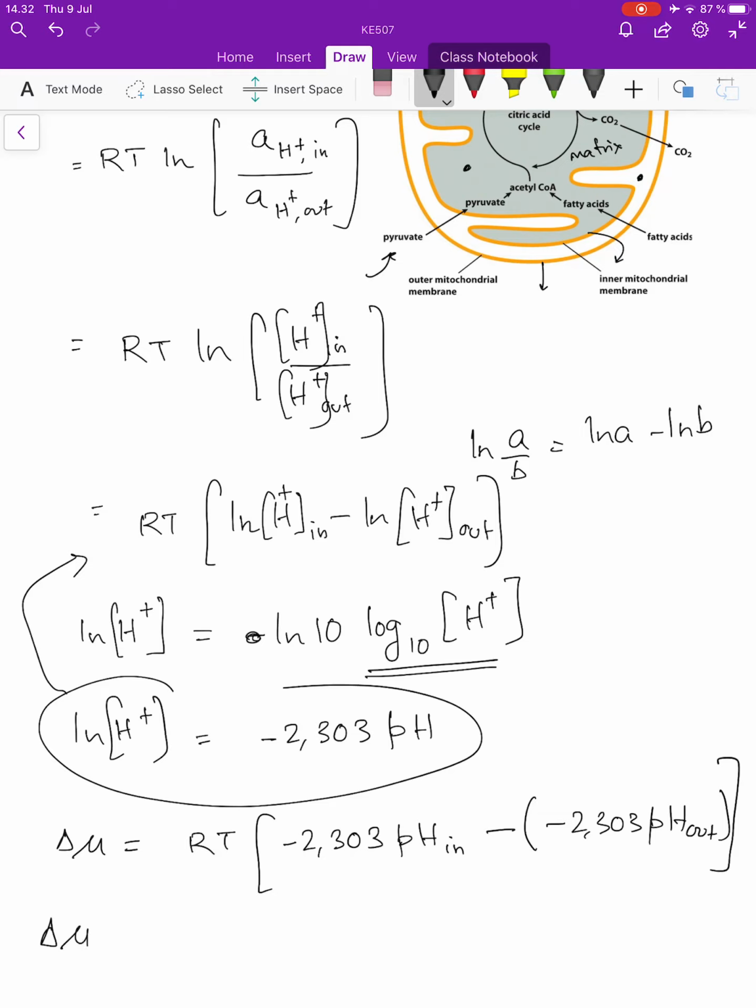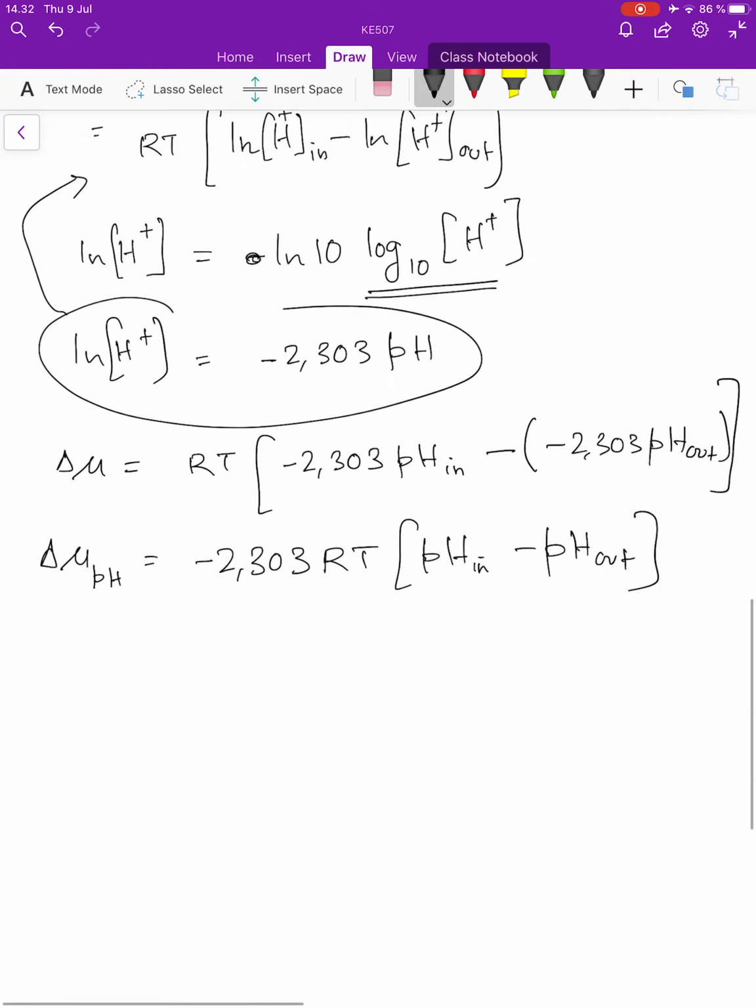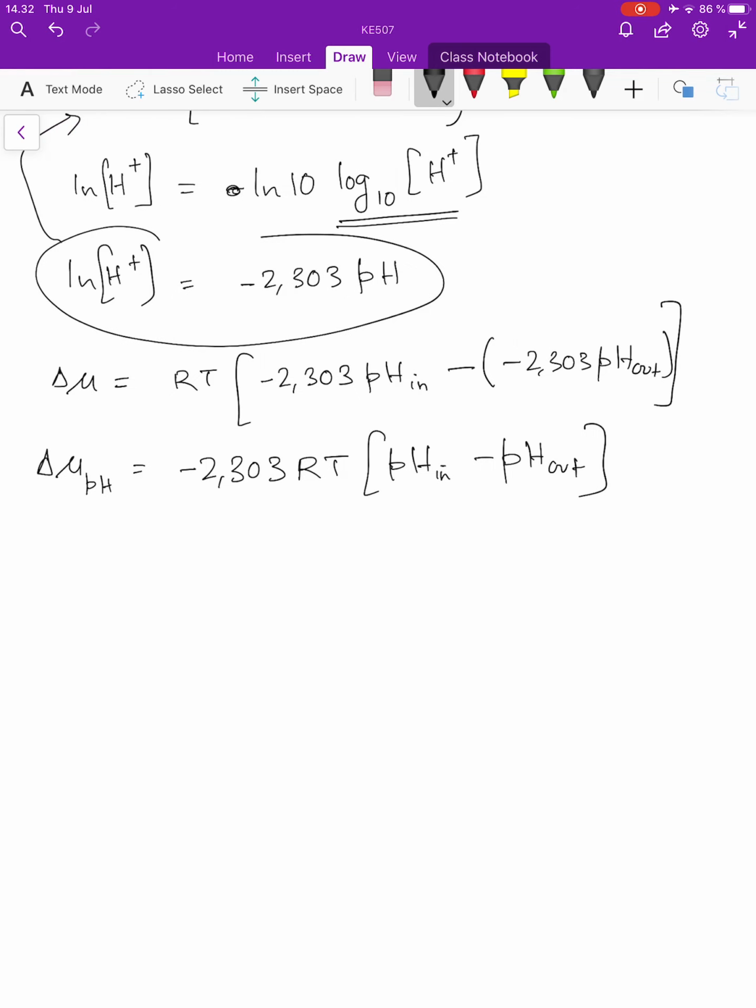Or the delta mu arising out of the concentration or pH gradient is equal to minus 2.303 RT times (pH in minus pH out). Wonderful. So this is the contribution of the chemical gradient.